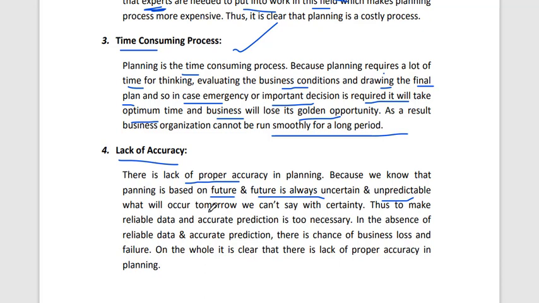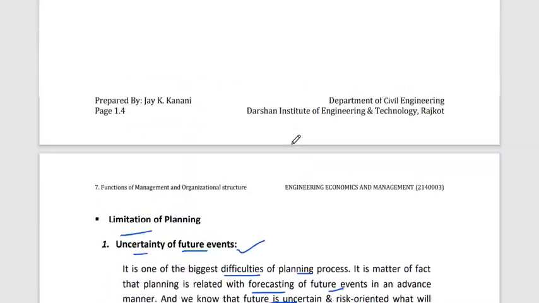Thus, reliable data and accurate prediction are necessary. In the absence of this data and accurate prediction, there is a chance of business loss and failure. So proper accuracy is required, and without it the business will suffer loss. These are the limitations of planning.